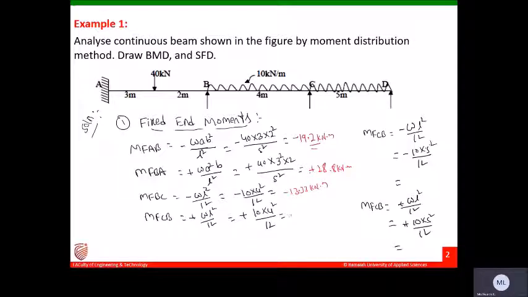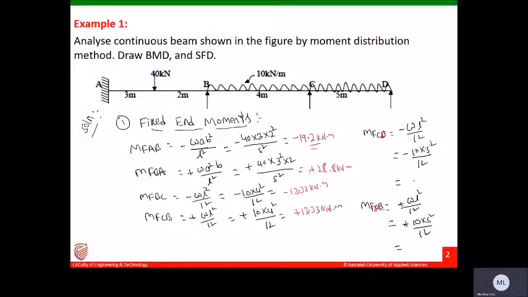Similarly, MF of CB you will get plus 13.33 kilonewton meters. So here this is BA, and this is CD, and this is DC.